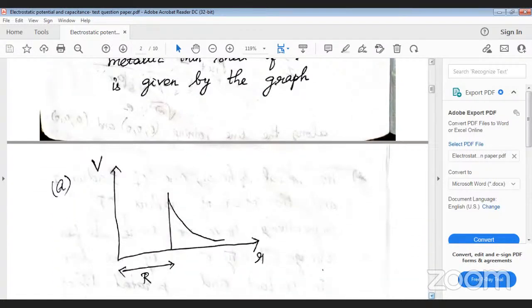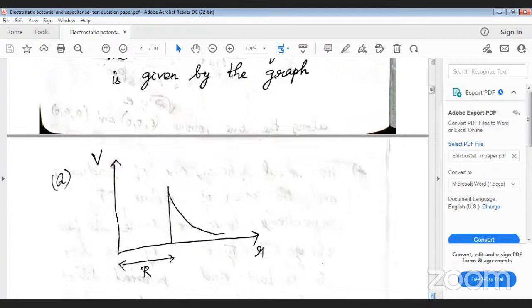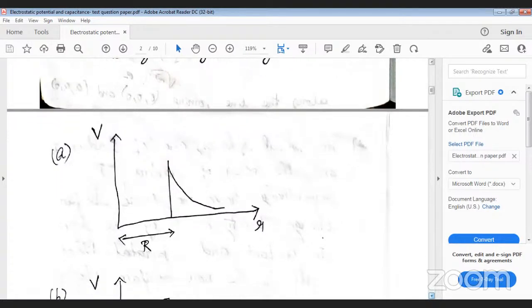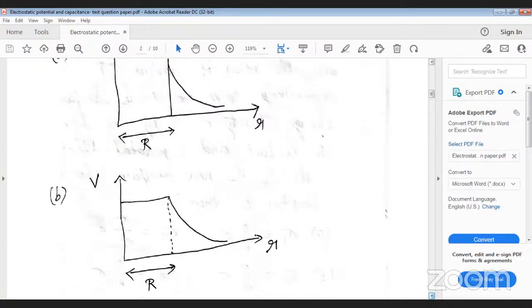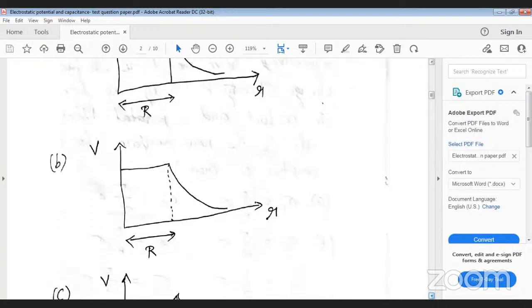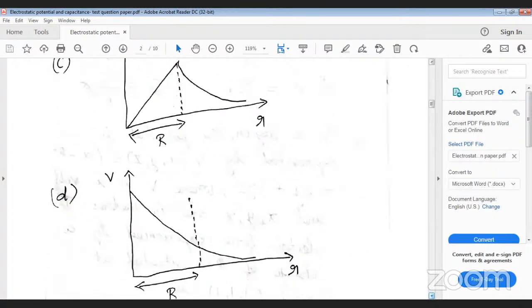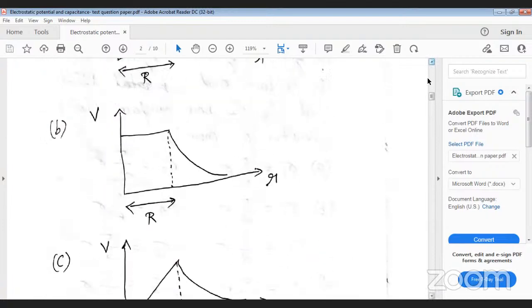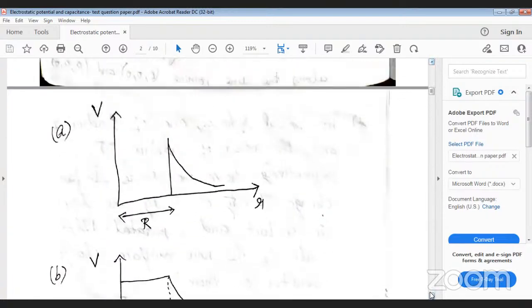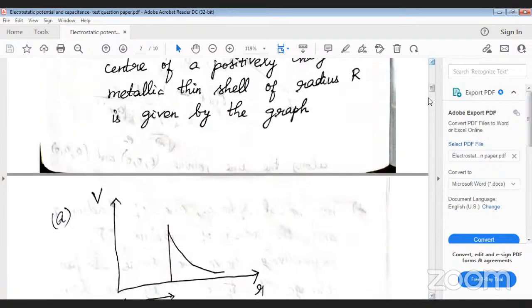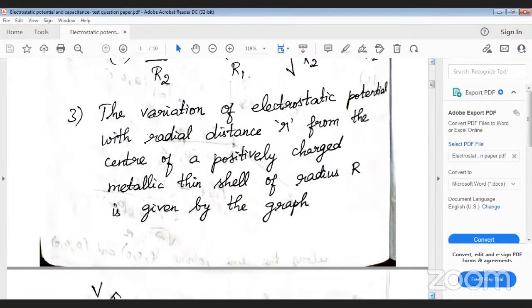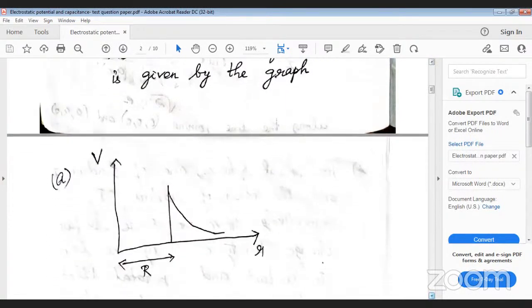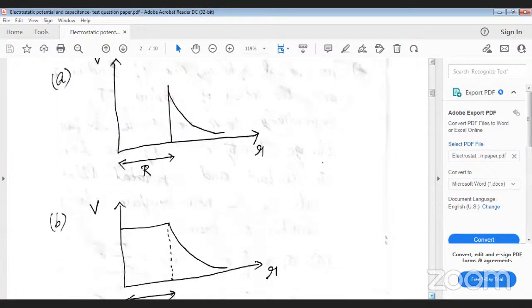So that is nothing but a sphere. Here the radial distance r has been given in the x-axis, and the electrostatic potential has been given in the y-axis. We need to find out the correct graph which shows the variation of electric potential with radial distance r. And you need to understand one thing, that as far as a sphere is concerned, the electrostatic potential is same from the interior of the sphere to the surface of the sphere.